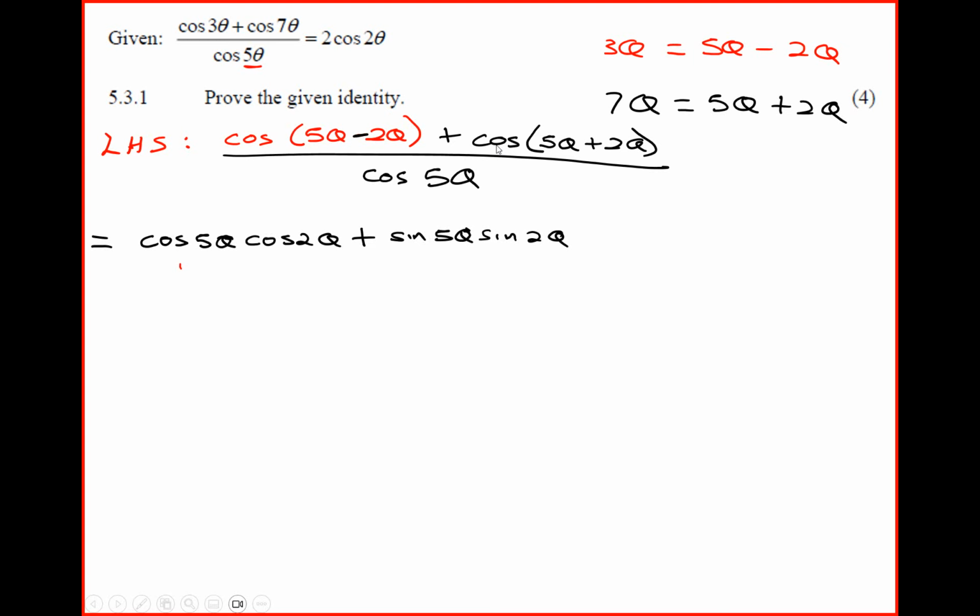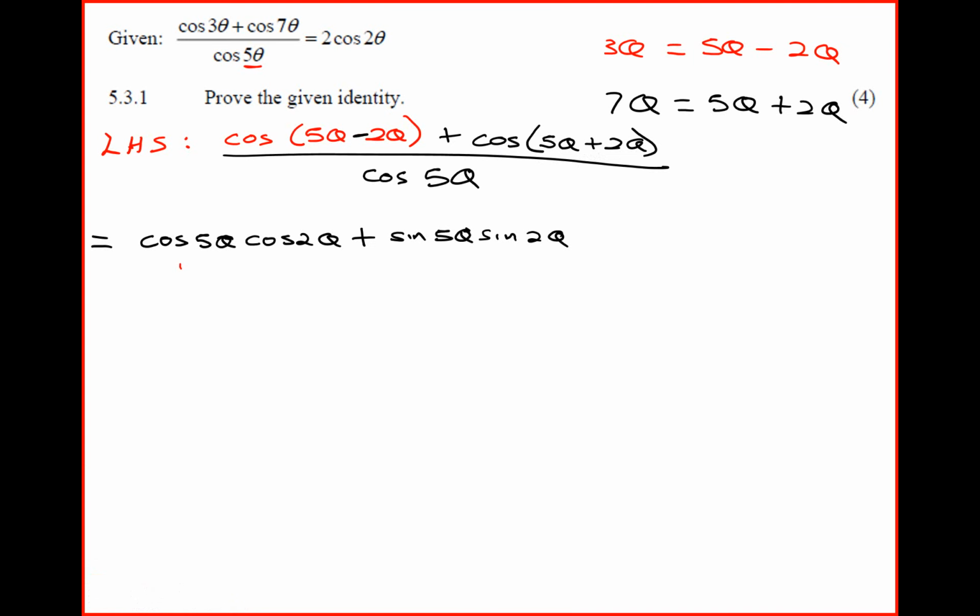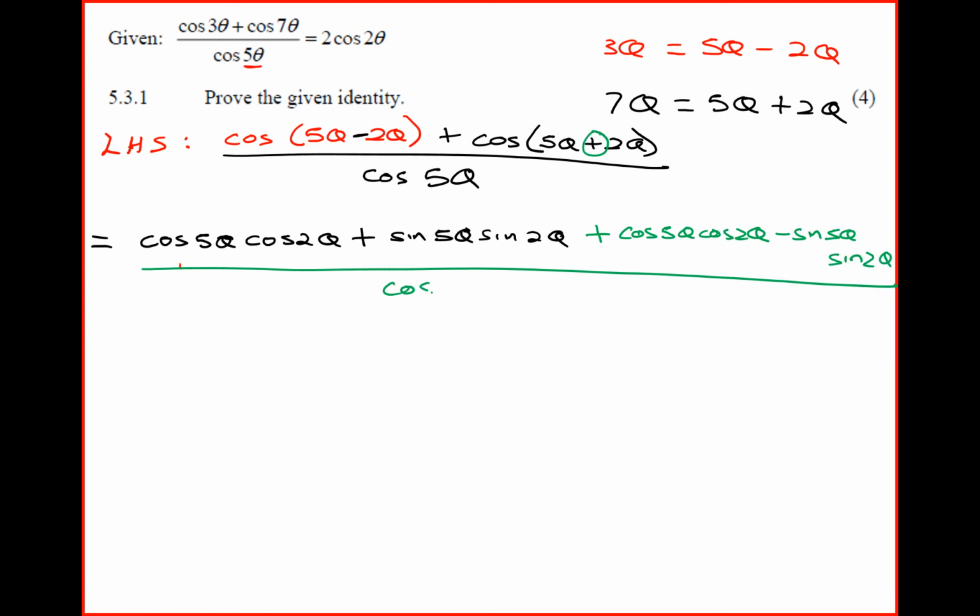If we look at the other one, which is cos of 5 theta plus 2 theta, once again, we're going to use our compound angle formula, and that will change to plus cos 5 theta cos 2 theta, and the plus will change to a minus sine 5 theta sine 2 theta, all over our common denominator of cos 5 theta.